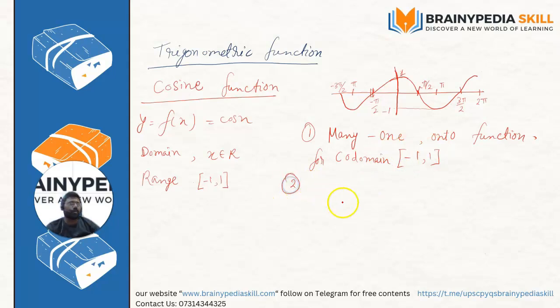Next, it is monotonically increasing from the entire interval of 0 to 2 pi.